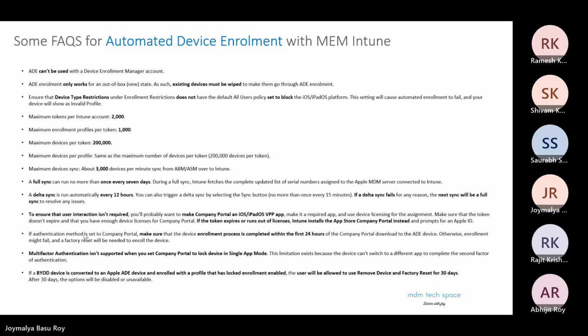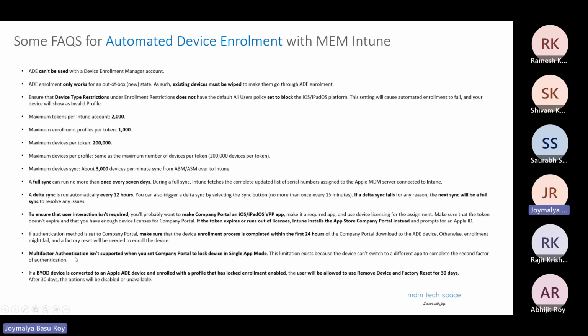Again, if the authentication method is set to Company Portal, you have to ensure that the enrollment is completed within the first 24 hours of Company Portal being installed on the device. If the device has completed the enrollment, Company Portal is there, but the user has not signed into Company Portal within the first 24 hours, then the enrollment fails and a factory reset will be required.